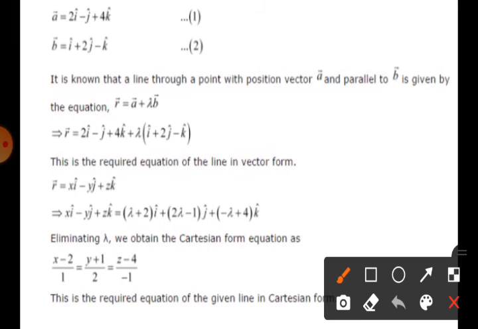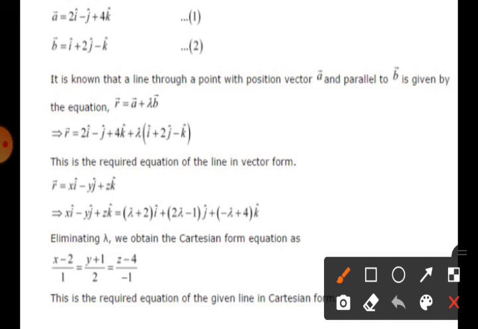r vector equal to x i cap plus y j cap plus z k cap is equal to (lambda plus 2) i cap plus (2 lambda minus 1) j cap plus (minus lambda plus 4) k cap. Eliminating the lambda, we obtain the Cartesian form equation.